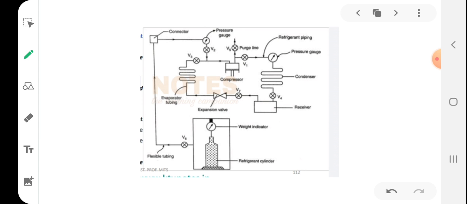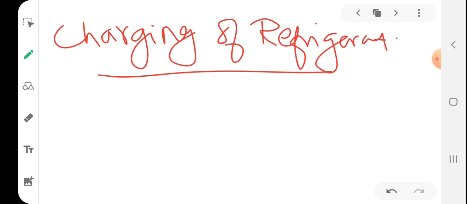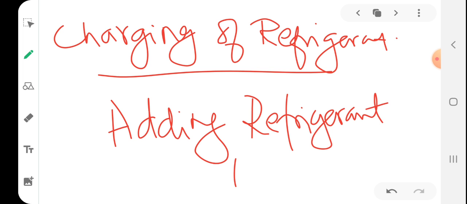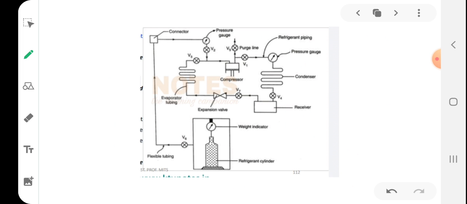Okay, so charging is nothing but adding refrigerant to the system. So have a look at this diagram. I will explain to you step by step how to charge the refrigerant to the system.